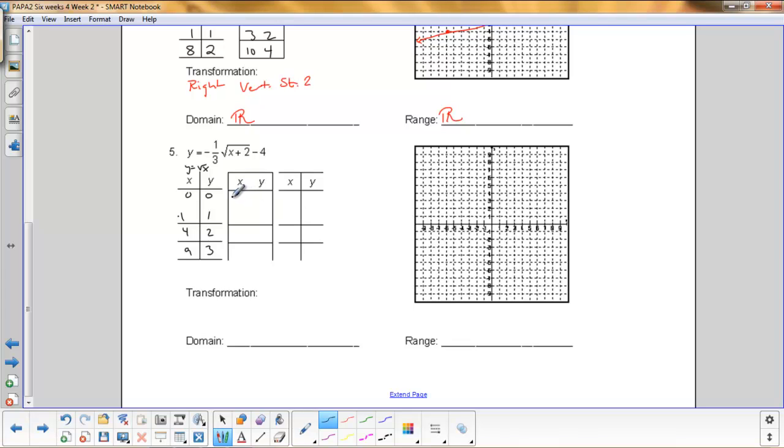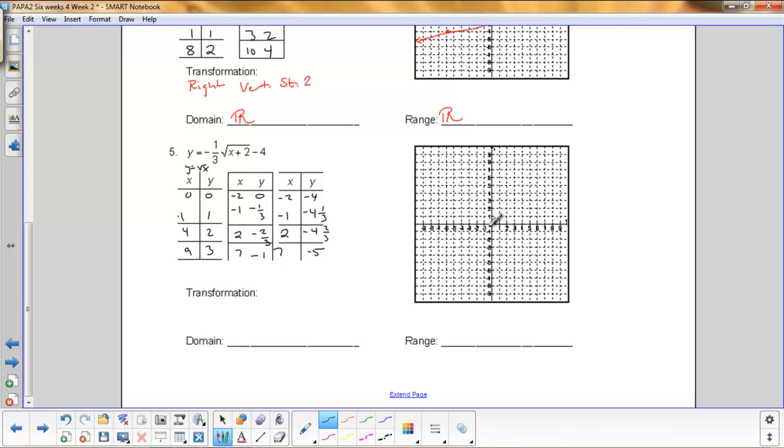So we're going to start with (-2, 0), and then (-1, -1/3), (2, -2/3), (7, -1), and now we'll apply that shift: (-2, -4), (-1, -4 1/3), (2, -4 2/3), and (7, -5).